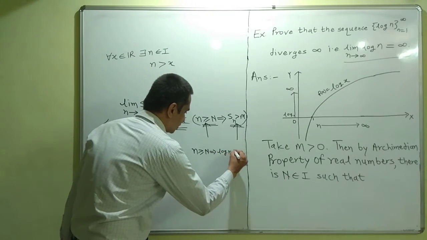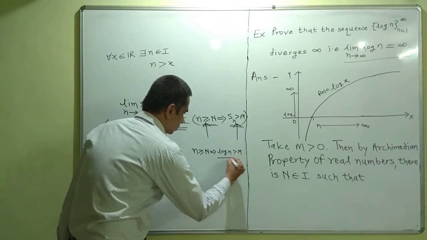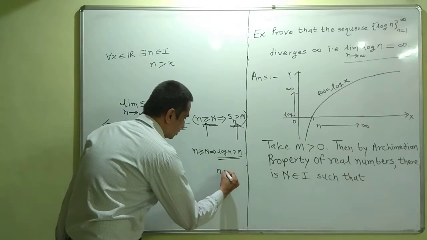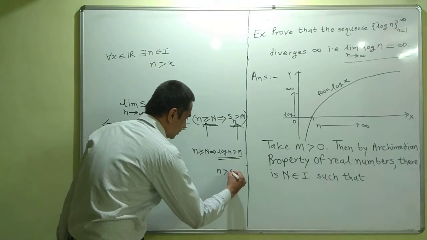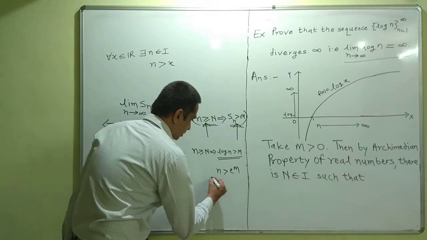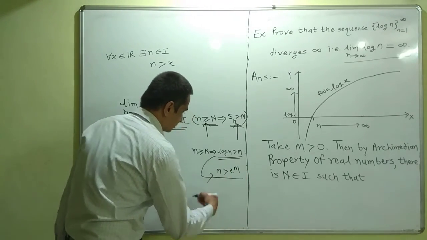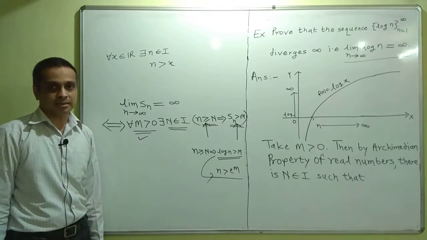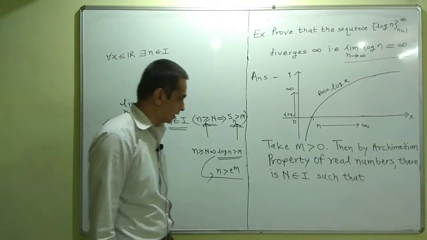So I want log n to be greater than m. This is what I want. So I want, say if I take e raised to m, so this step is guiding step. It may not be clear at this point, but once I write the whole proof, you will get idea.